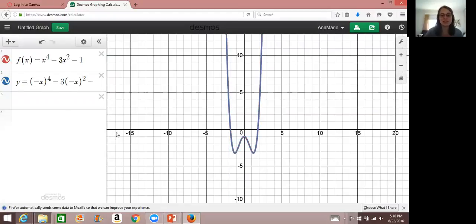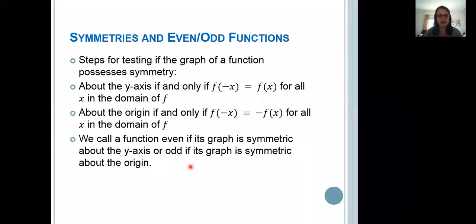Not a coincidence. We call these functions that are symmetrical about the y-axis even functions. So if you can take your graph and fold it in half on the y-axis and get a mirror image, so your two lines lie right on top of the other, you have an even function. Okay? All right. It's more complicated to do that with it being symmetrical about the origin. We're not going to use that imagery.